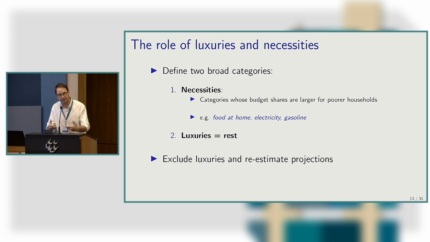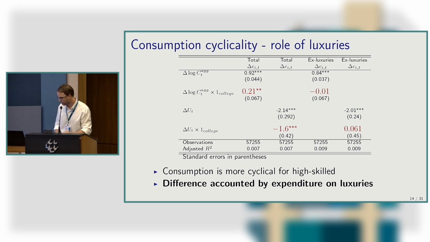And then I re-estimate that simple linear regression, excluding luxuries from the construction of the individual consumption measures. And this is what I find. So the first two columns in this table are the same two columns from the table I showed you before.